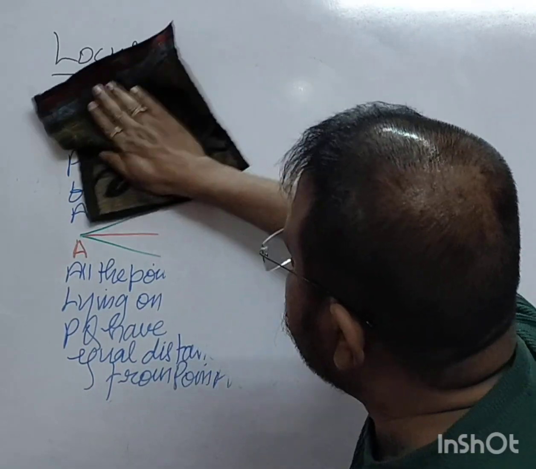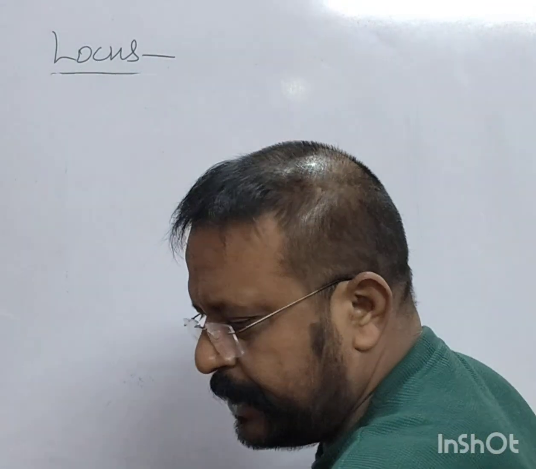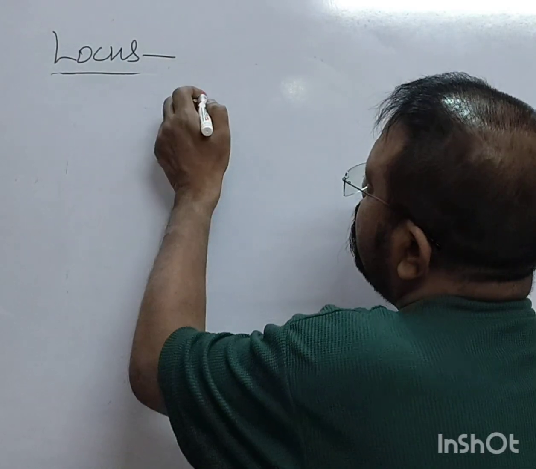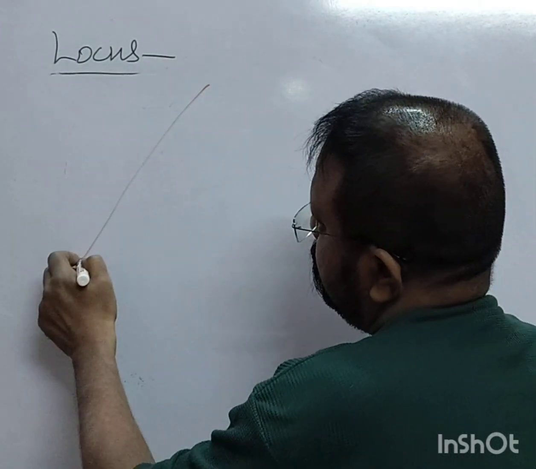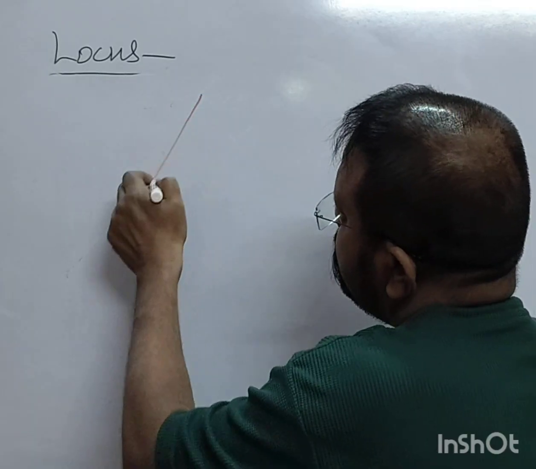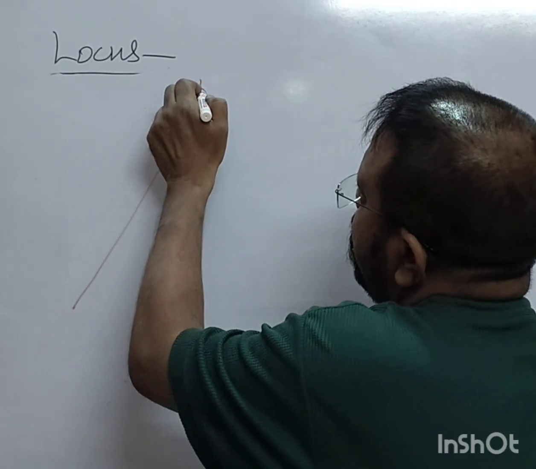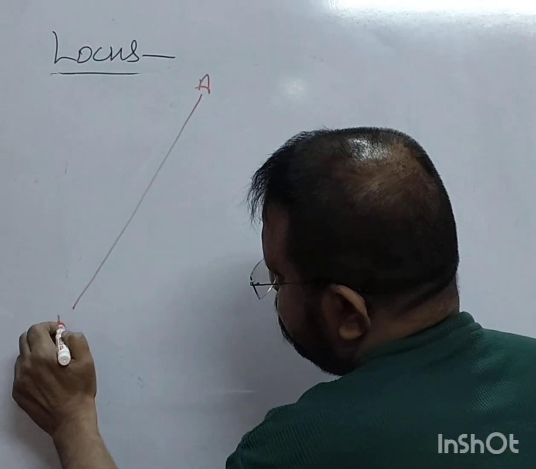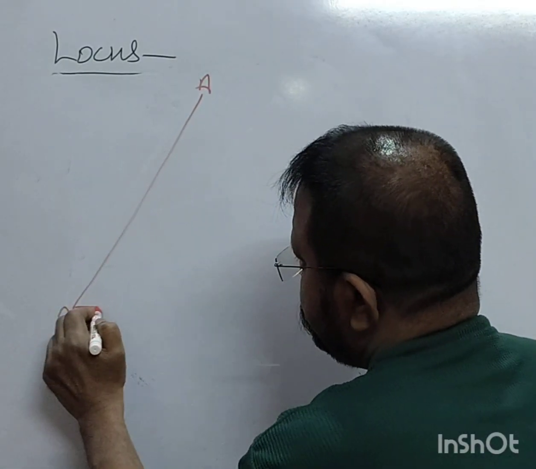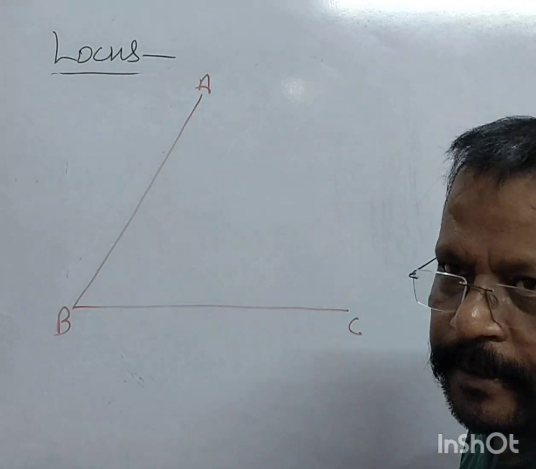Another thing is, when you have an angle, you have an angle. This is a line, say A, this is B, this is BC, right?